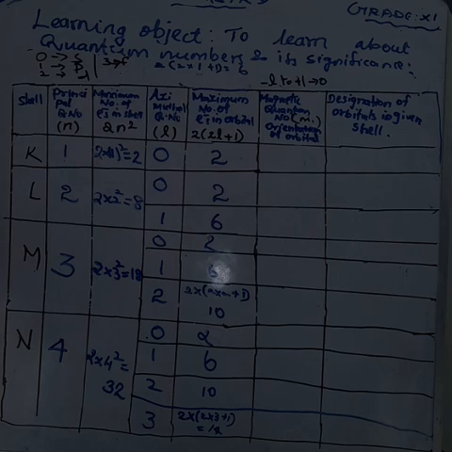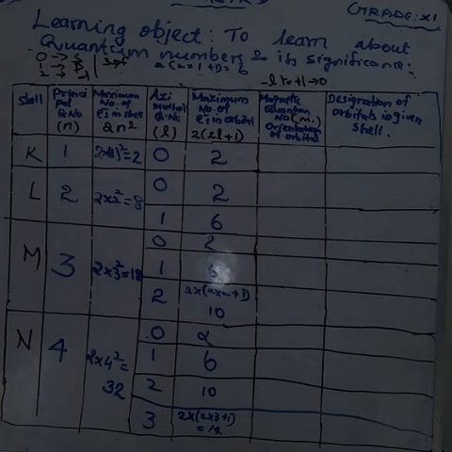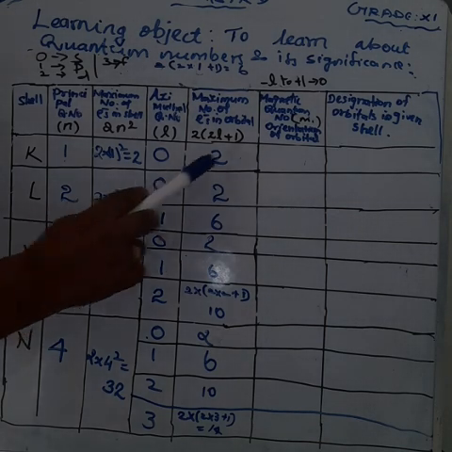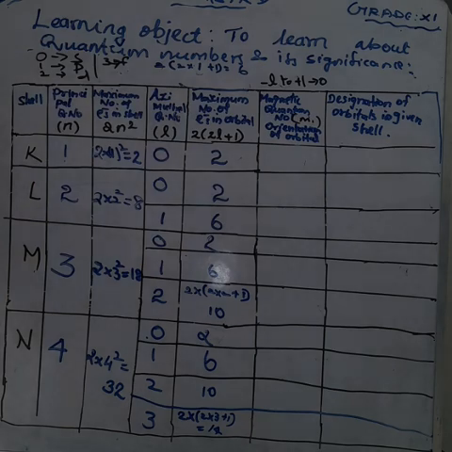Orbital means the three-dimensional region or space in which the probability of finding an electron is maximum. That is called the orbital. About the orientation of the orbital, we can study in the magnetic quantum number.